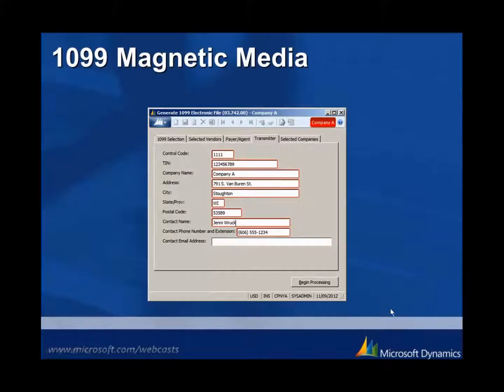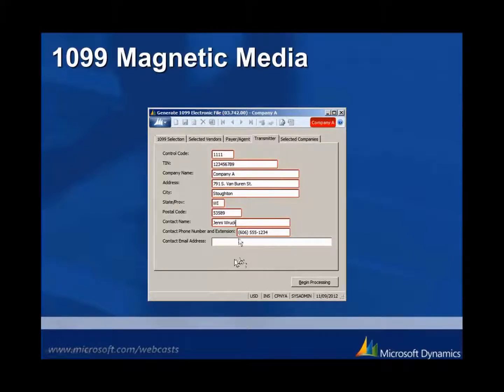That's how they know that when you send this file, who it is that you are as a company. And then it also needs this contact name right here, and a contact phone number and extension. It does not require a contact email address, but you can definitely put one in if you'd like.